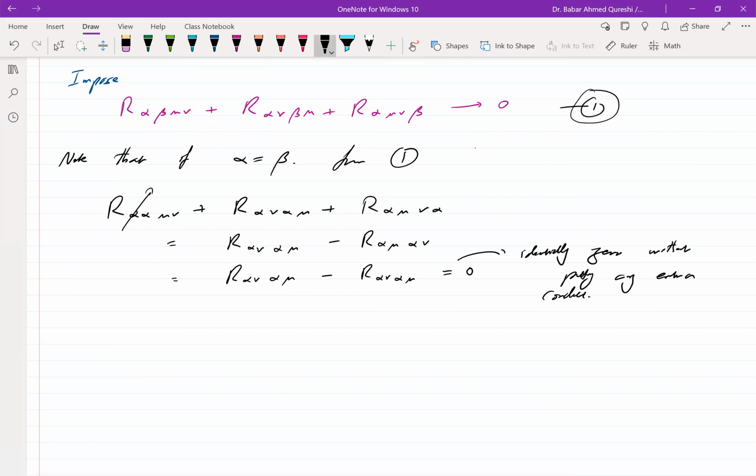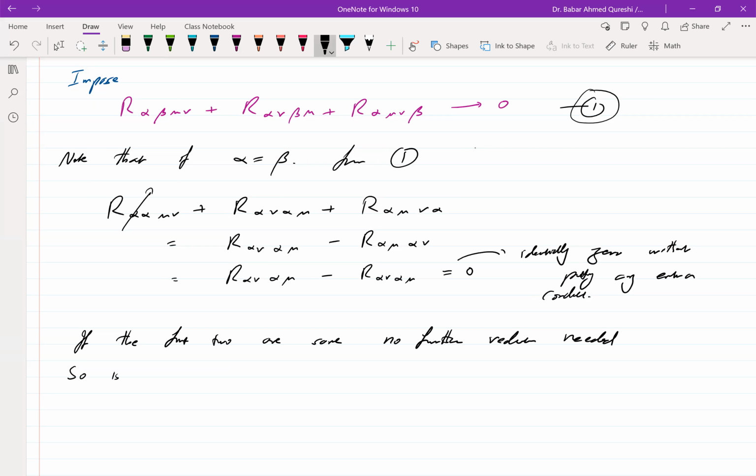So that means if the first two are the same, no further reduction is needed. But that can be said about the last two as well, because I know that I can exchange the pair, the first two and the last two.